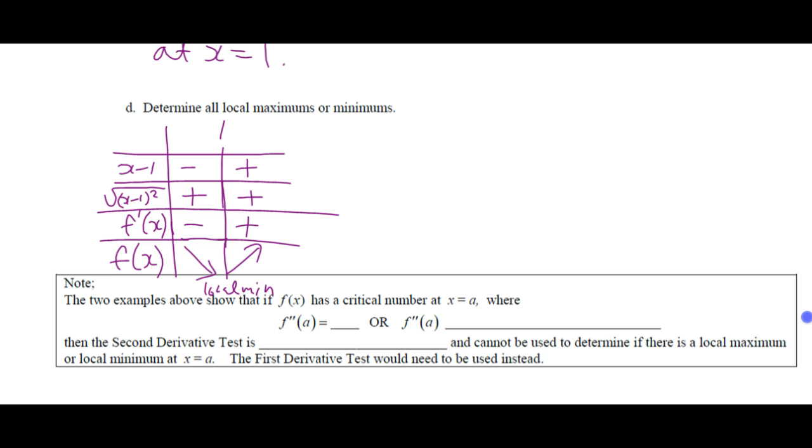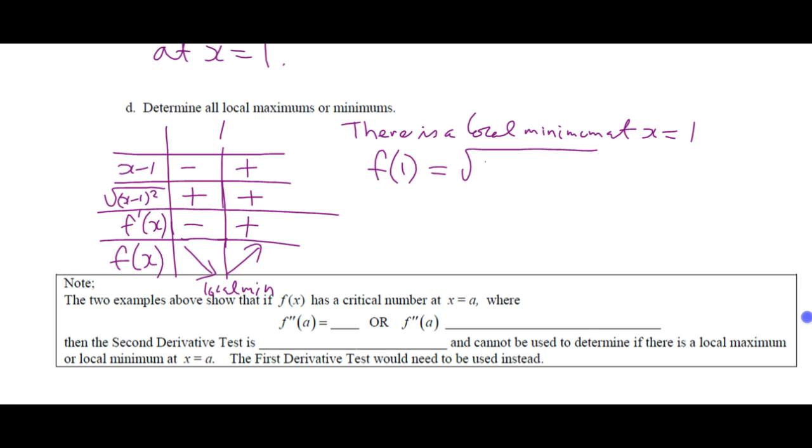So first derivative test tells us there is a local minimum at x equals 1, and so what's f of 1? Yeah, it's 0, right?